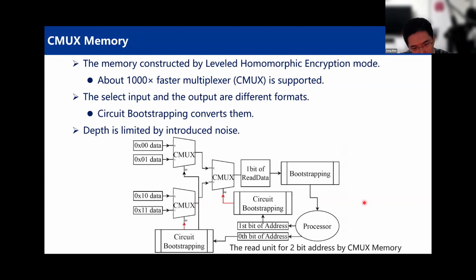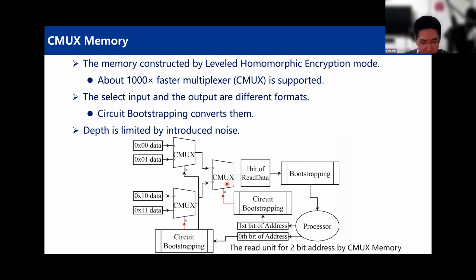A little bit more word on the CMUX memory. I was conservative. It's actually 1,000 times faster than just building it using gates. One problem here is that when you're using the CMUX, you have two data to be selected, and you have a selector. The selector has to be in the GSW format because of the noise problem.